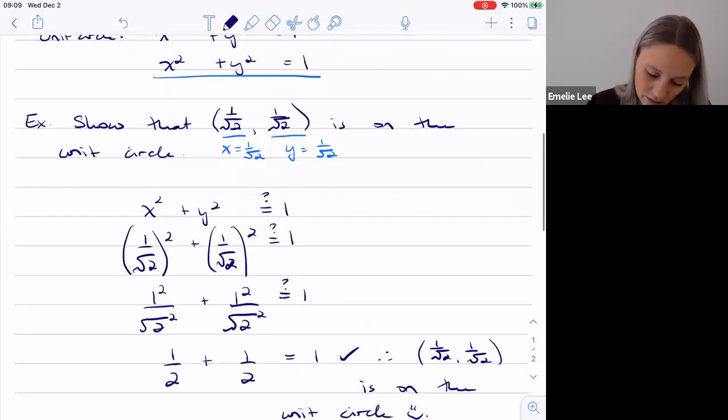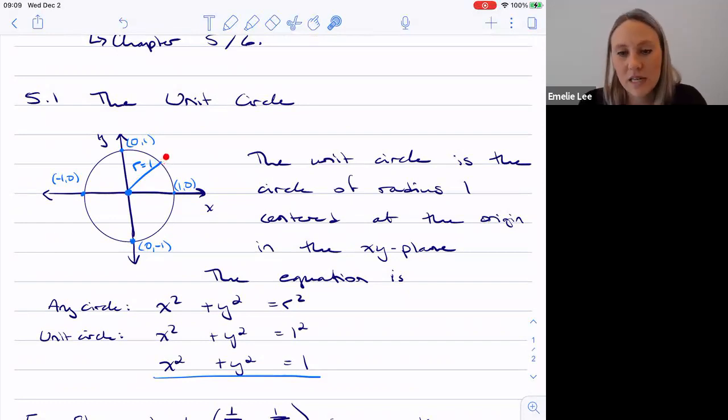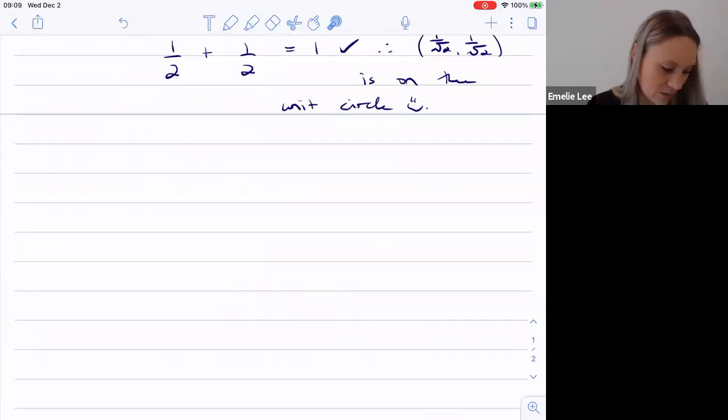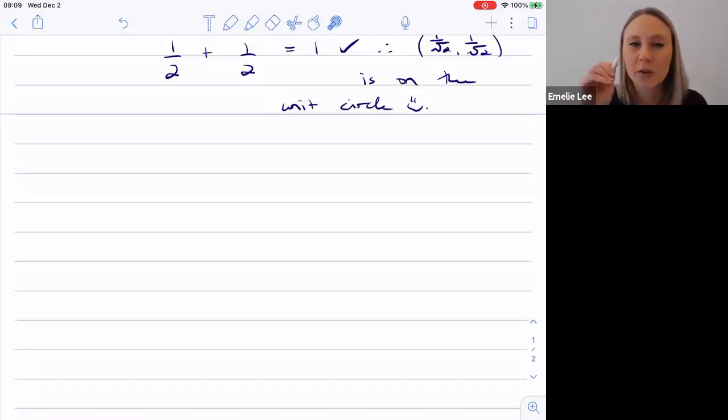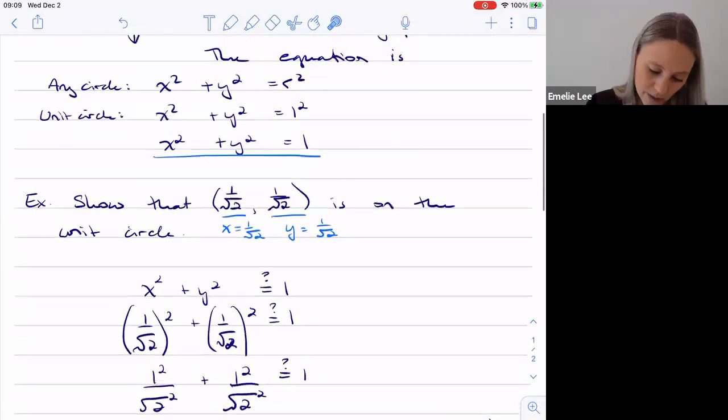So if we had to map it out here, oh, hi, Beezers. 1 over root 2, 1 over root 2 is going to be here at the halfway point. I know that because I know that. But what we'll find is that we'll move around the circle and there will be some key stopping points on the unit circle that we need to know where they are.